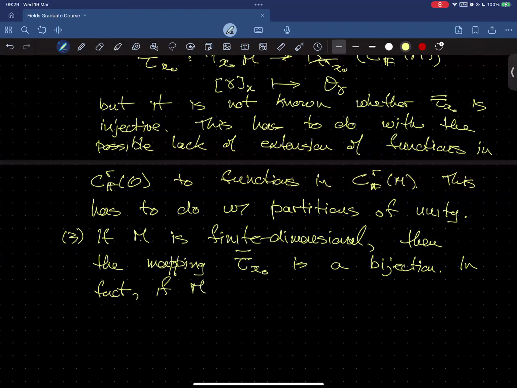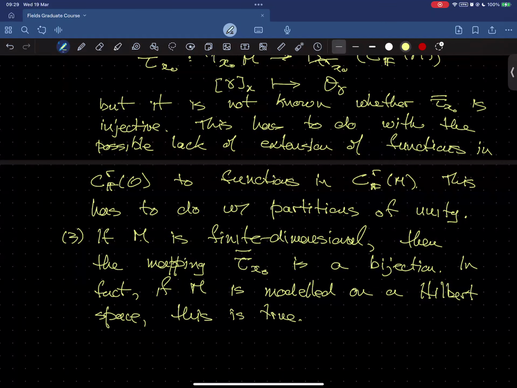And I should have said this, but I just forgot: if M is modeled on Hilbert space, so in particular the finite dimensional case, this is true.